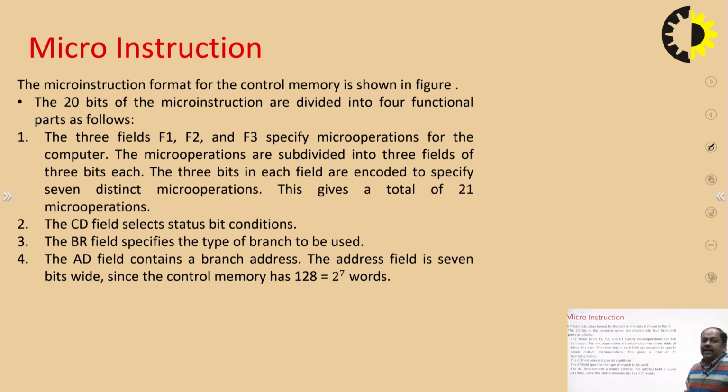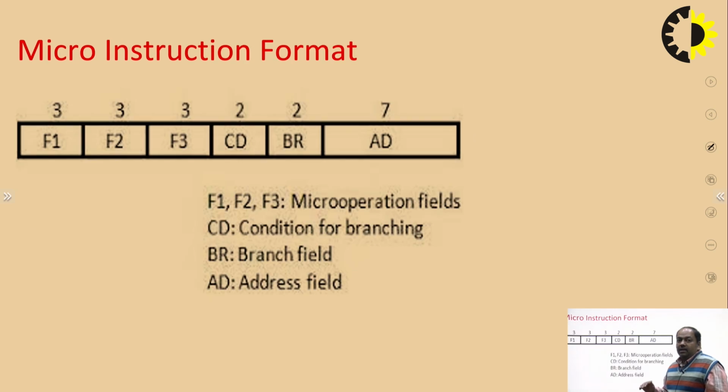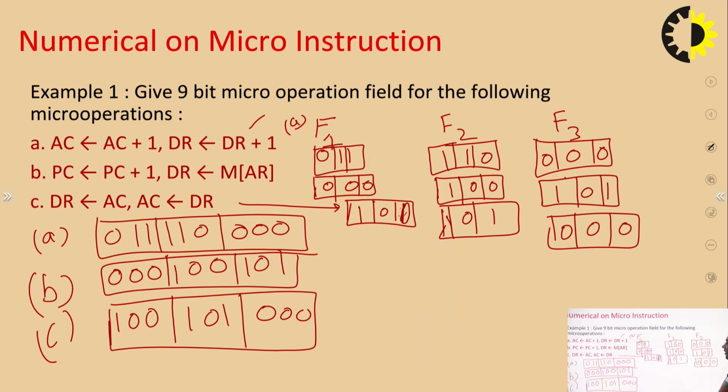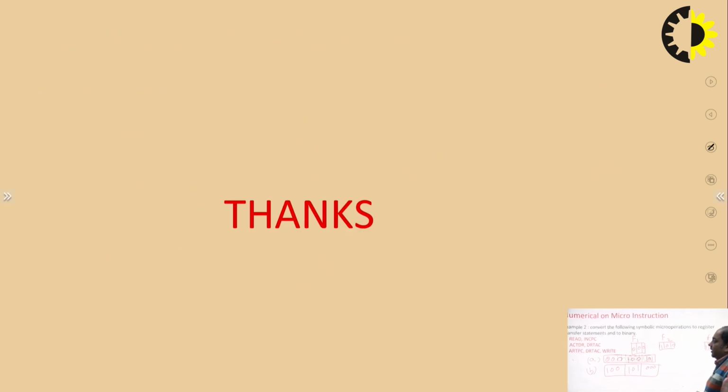These fields create micro operations of 20 bits. With the address of 7 bits, it comes to 21 bits, with the condition branching and the branch field bits. And in this way, I think these numericals are clear to all, and thank you very much.